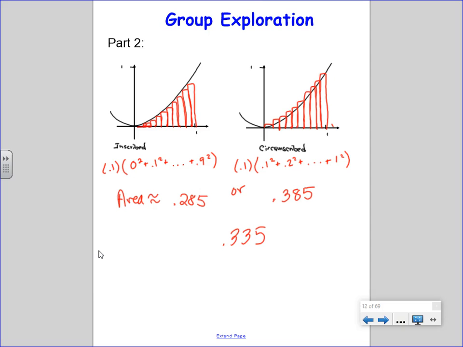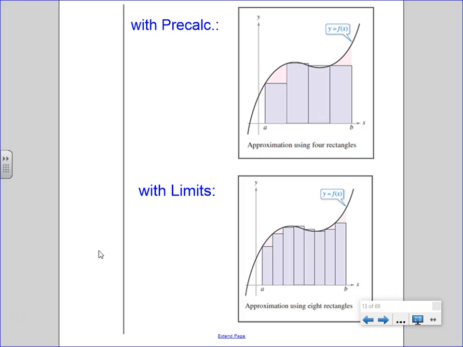Okay, hold on. Let's get back to notes. What's the idea in your notes? The idea with pre-cal, you can do one set area at a time, and you can add together a certain number of areas, like this one would be 1, 2, 3, 4.